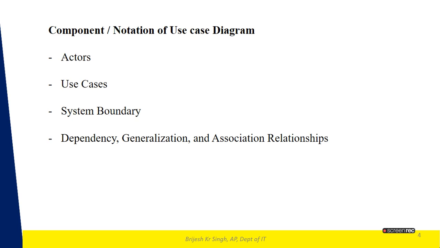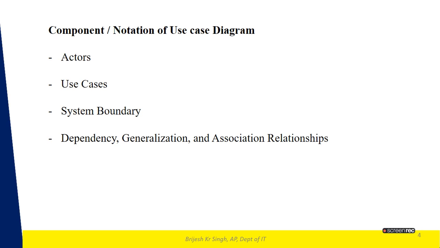And the next point is association. Associations are used to link actors with use cases and indicate that actors participate in the use cases in some form. A line connecting the actor and use case depicts an association.